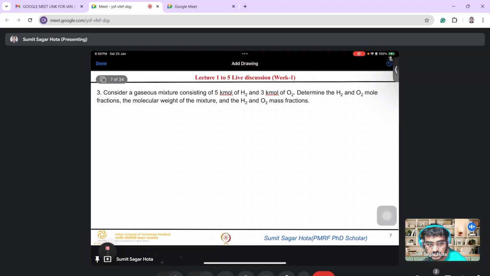Determine the H2 and O2 mole fraction, the molecular weight of the mixture, and the H2 and O2 mass fraction.